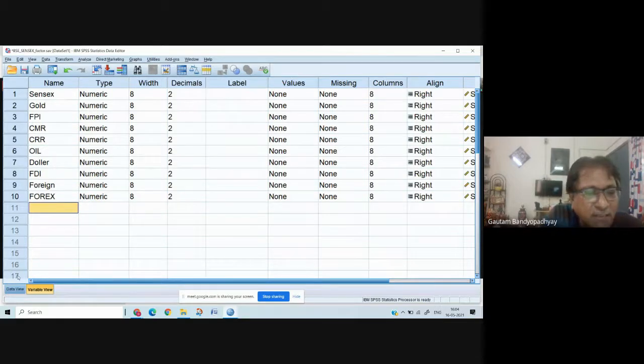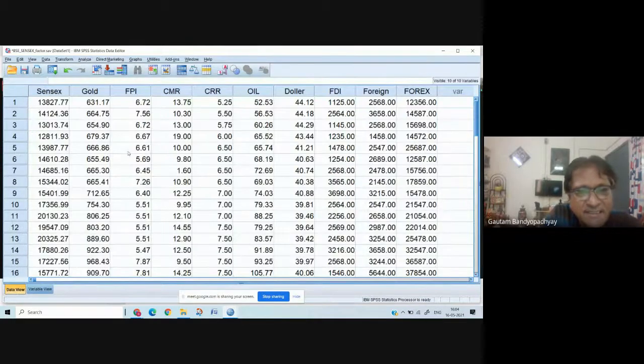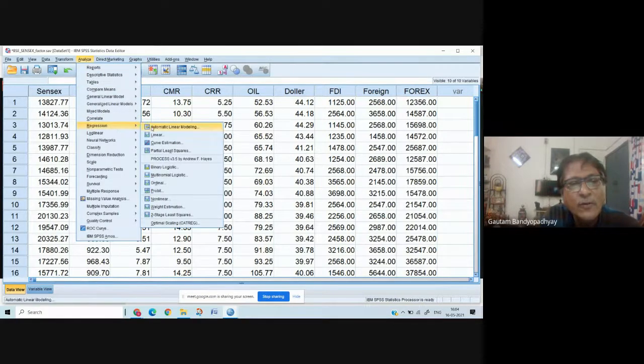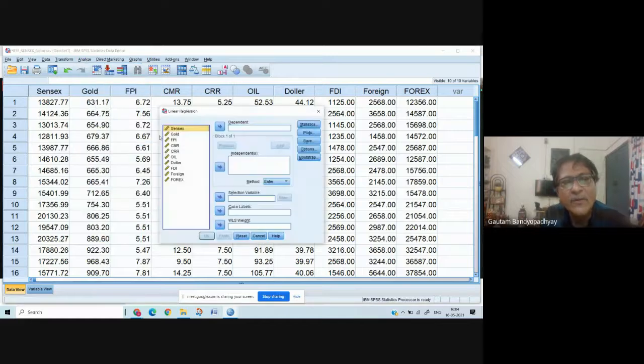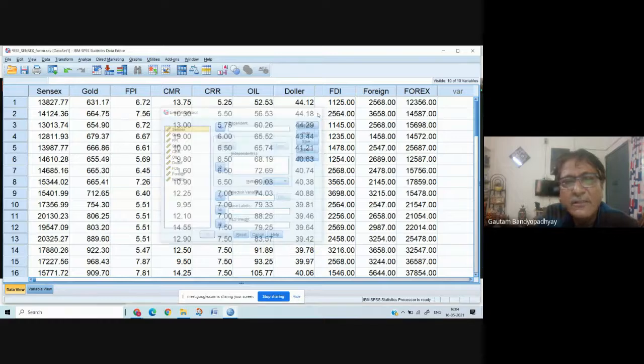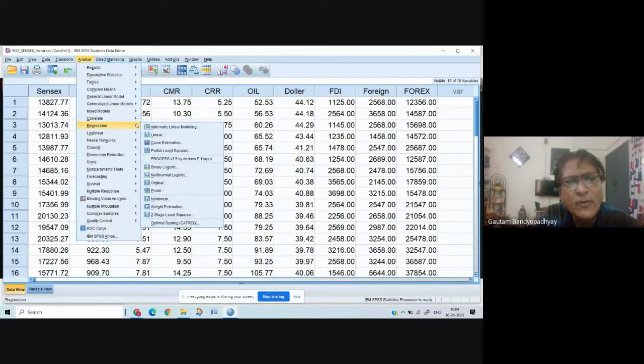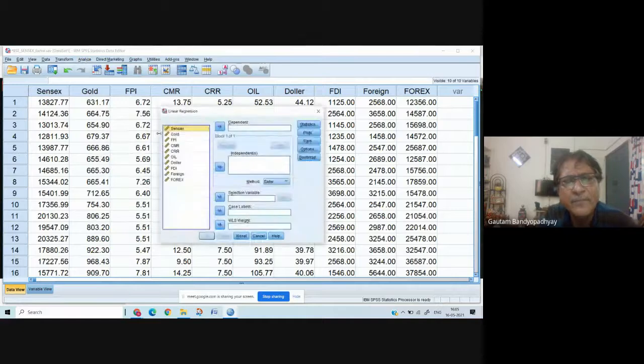So this is the data set, and from this data set we go to Analyze, then Regression, then Linear. Again, repeat: first we go to Analyze, then Regression, and then Linear.